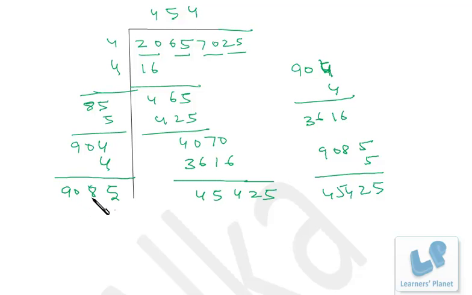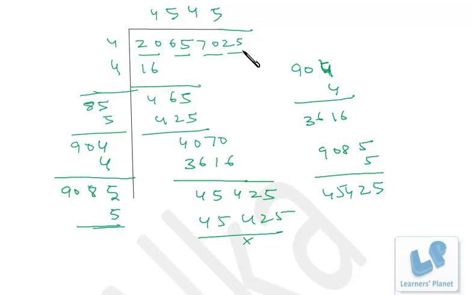So the same number, that means 9085 into 5, that's 5. So that's 45425. Okay, so that means square root of 20657025 is 4545. Okay, so isn't it very easy? You just need to have some practice. Okay, and I am sure now you are clear.